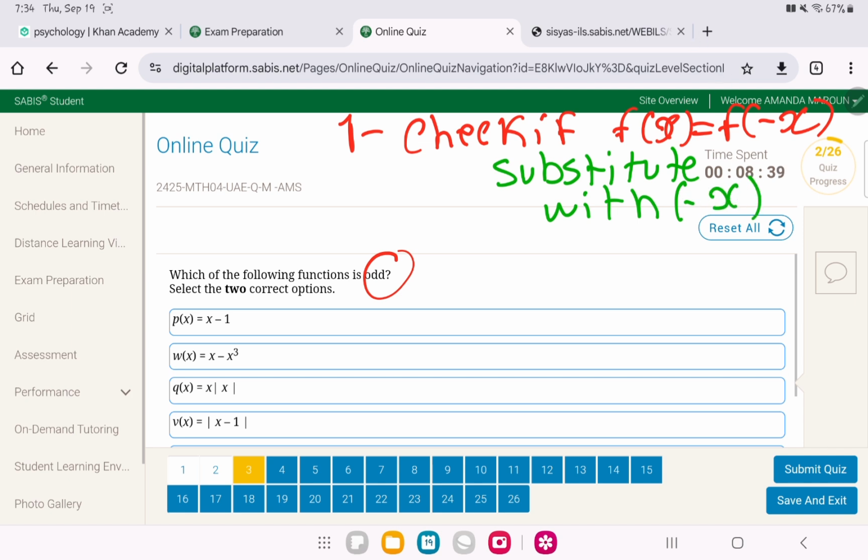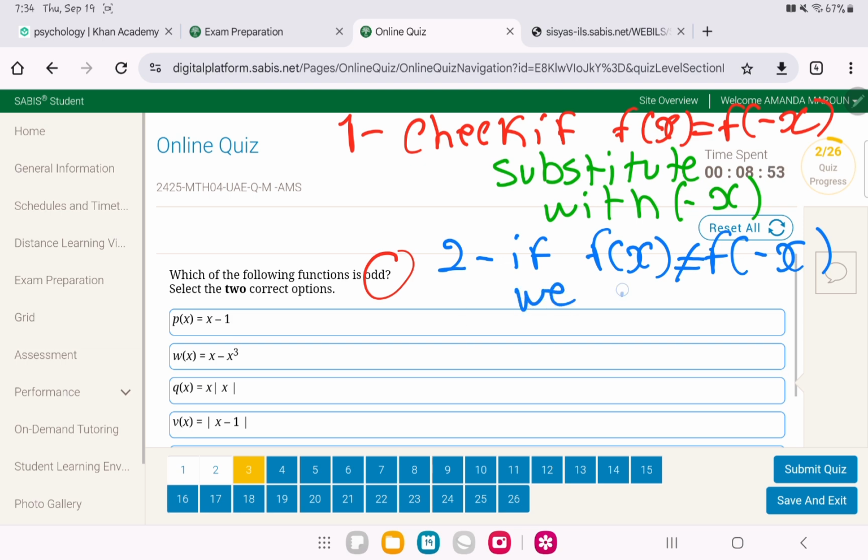Then second, if f(x) is different than f(-x), we say it's not even.